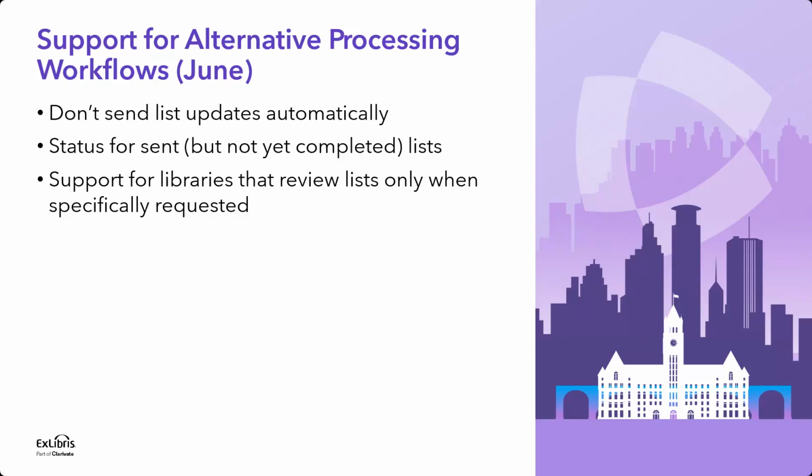That workflow wasn't originally supported in the new UI. You could send or publish, but instructors couldn't choose to do one or the other or both. So now this is an option. Essentially, they can publish the list without sending it to the library, or they can publish it and send it to the library. That's a new option as well. And these workflows are all available in June.